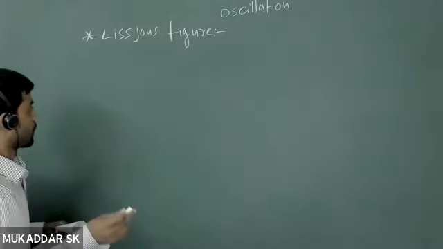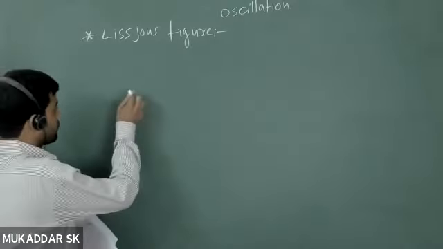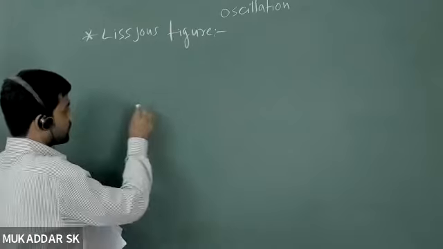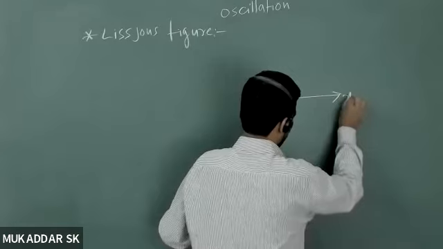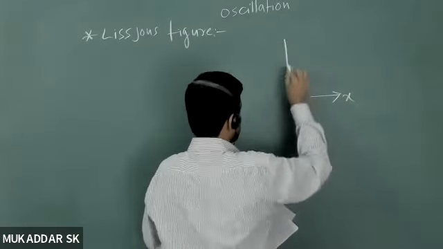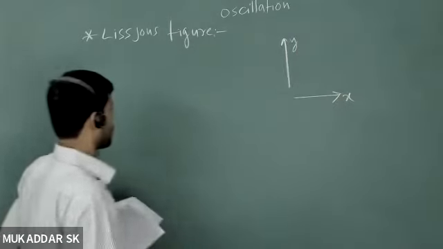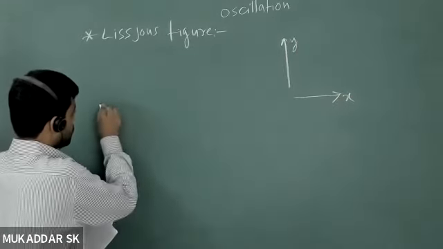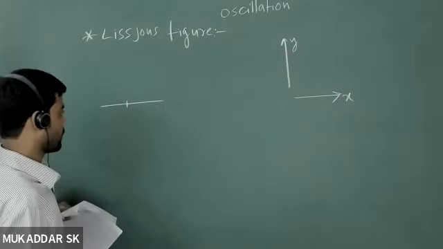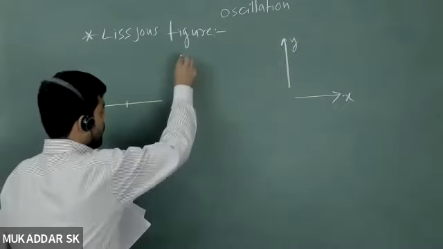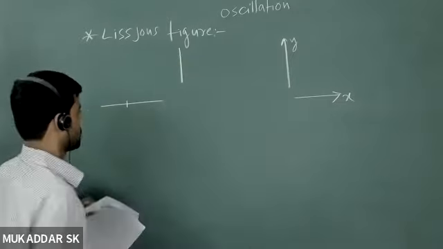So suppose you have two simple harmonic motions. Let us take this as your x-axis and this as your y-axis. There is one simple harmonic motion along the x-axis, and another simple harmonic motion along the y-axis.